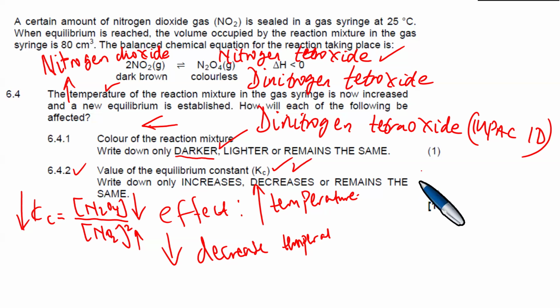So we say that Kc decreases. It decreases because the numerator decreases, and therefore the Kc will decrease.